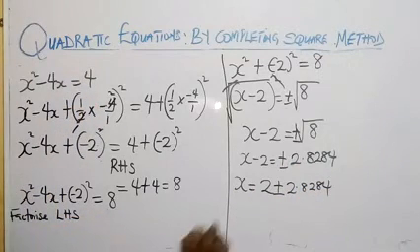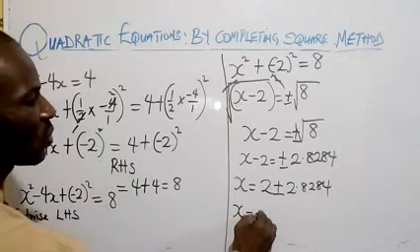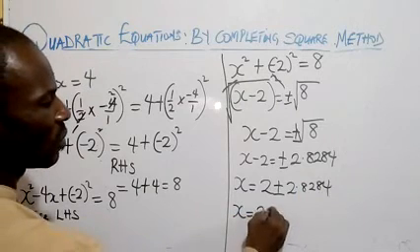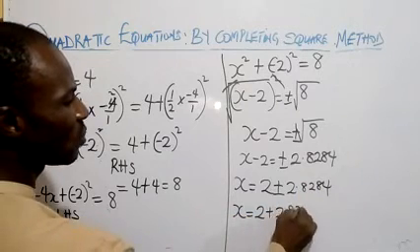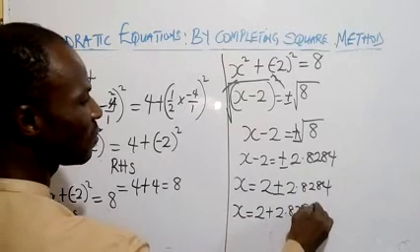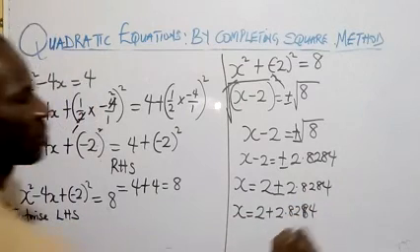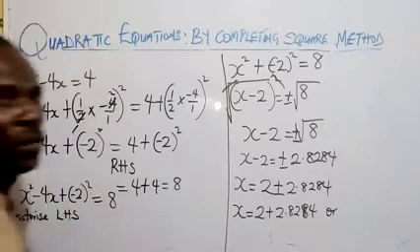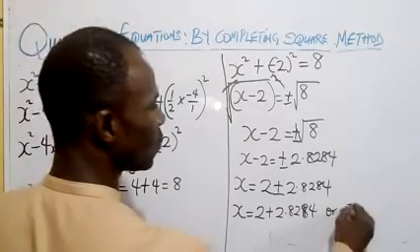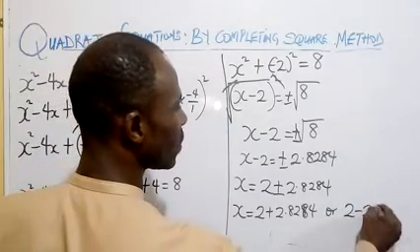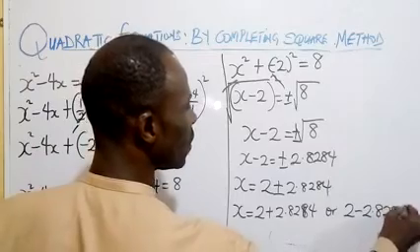The value of our x equals 2 plus 2.8284, or 2 minus 2.8284.